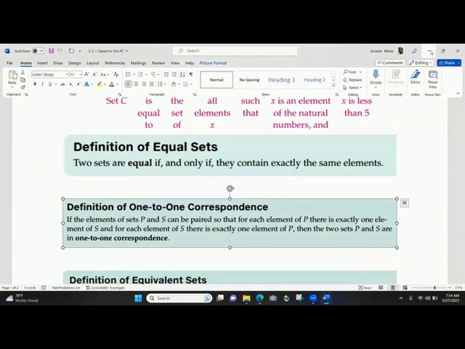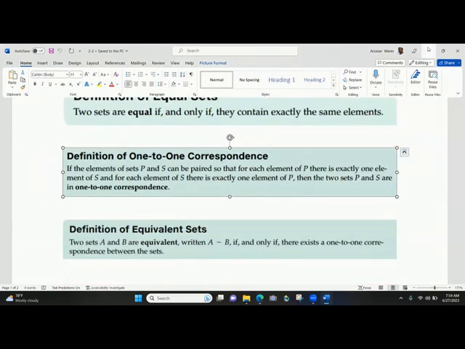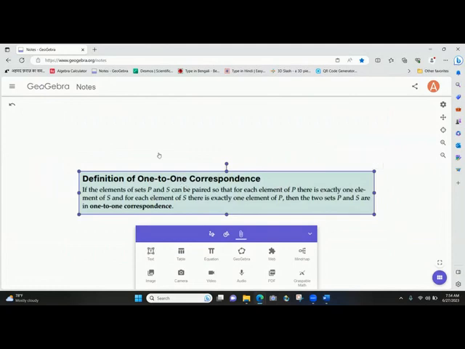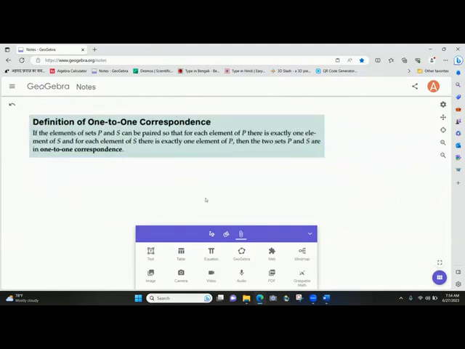Okay. One-to-one correspondence. One-to-one correspondence is a very important concept, and there are lots of problems that will ask you to explore this idea in the MATLAB packet. So let's take these two sets.